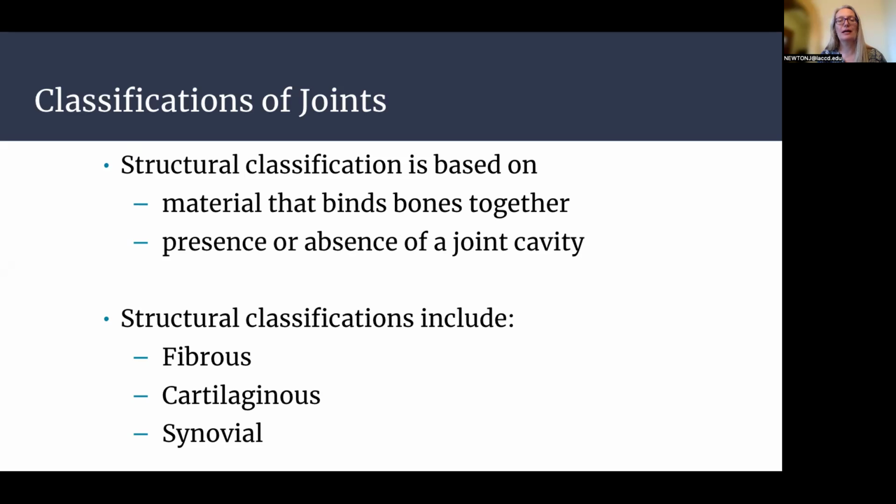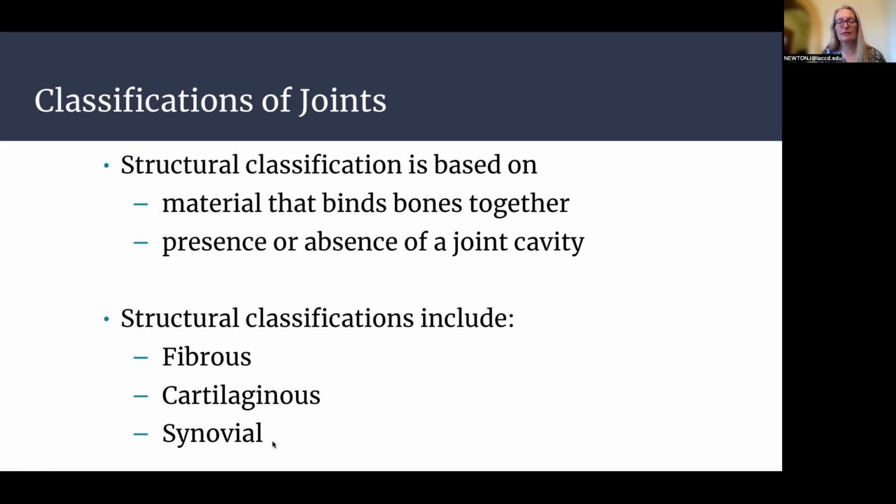So the presence or absence of a joint cavity is part of the structural classification. So our structural classification includes fibrous joints, where we have fibrous connective tissue holding the bones together, cartilaginous joints, where we have cartilage holding the joint together, and synovial joints.